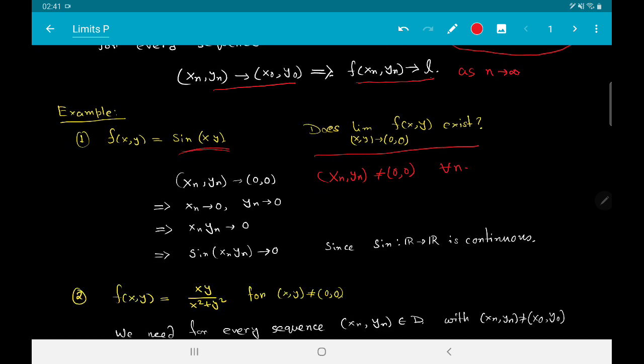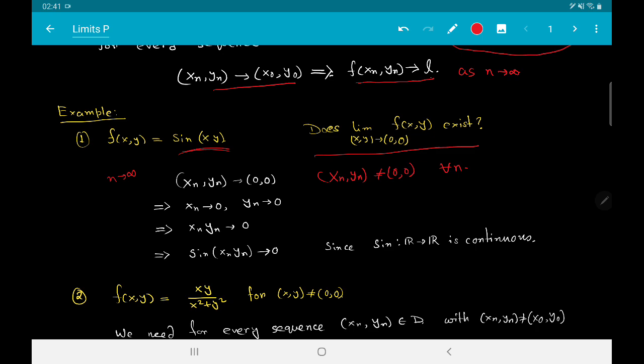That will not matter too much over here. By definition of convergence of sequences of two-tuples, xn converges to 0 and yn converges to 0. Everything happens as n tends to infinity, so I do not mention it here.